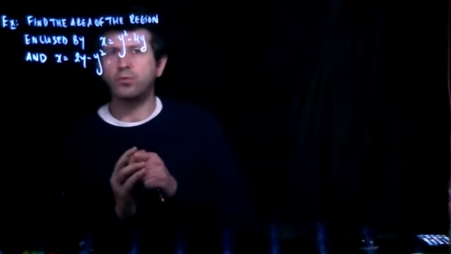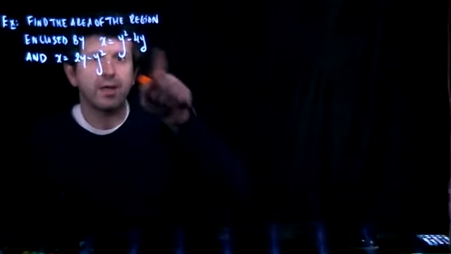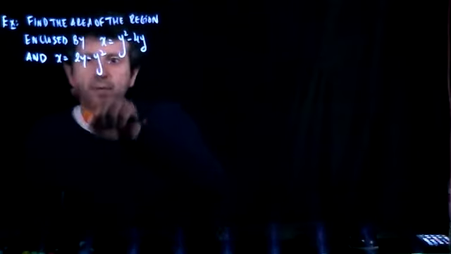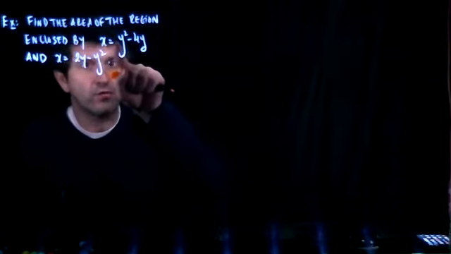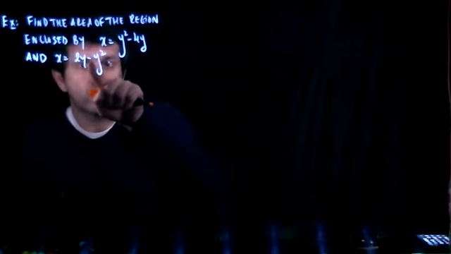First thing we do, I recognize a parabola open to the right and a parabola open to the left, right? Because the coefficient of y² is positive in the first and negative in the second.